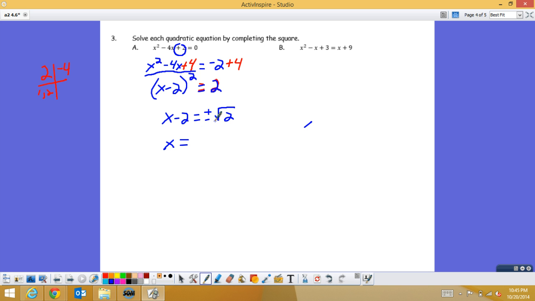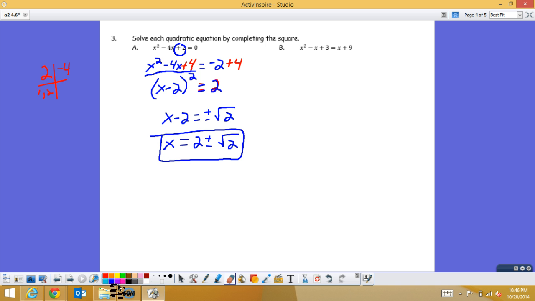Same thing is true for these square roots. We cannot combine those square roots. So x is either 2 plus the square root of 2 or 2 minus the square root of 2. And again, we have two solutions to this. One of those is 2 plus the square root of 2. The other solution is 2 minus the square root of 2.